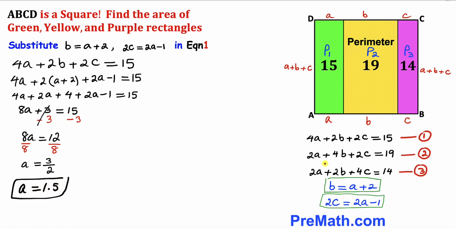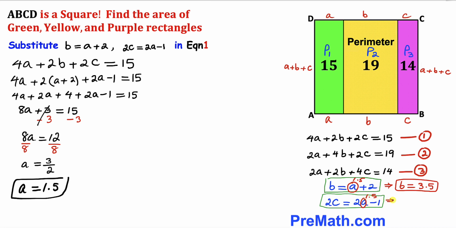1.5. And now we are going to substitute this a by 1.5 over here. So our b value turns out to be 1.5 plus 2, which gives us 3.5. So this is the b value, which is 3.5. And likewise I'm going to replace this a by 1.5.